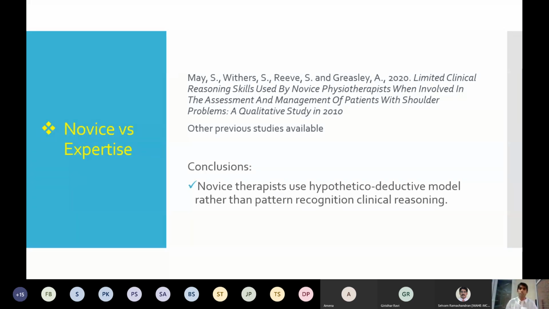This is from an evidence-based study. Mr. Stephen May is my teacher, and Giri also studied at Sheffield Hallam University, so he has the same teacher.